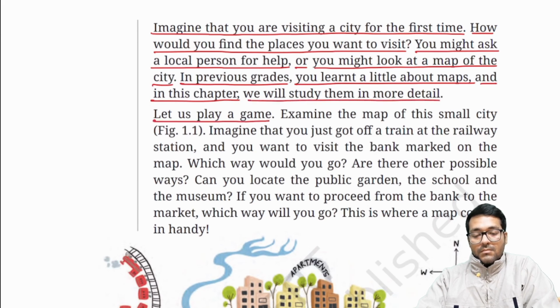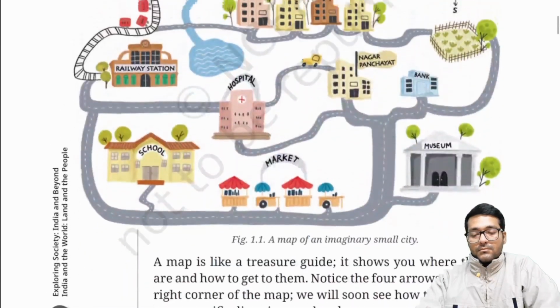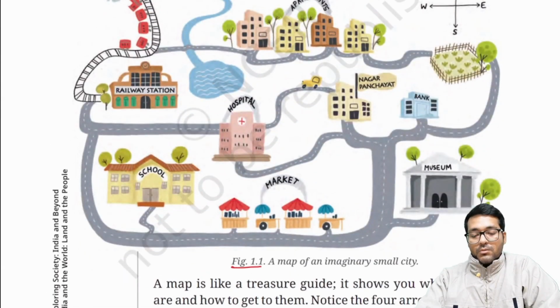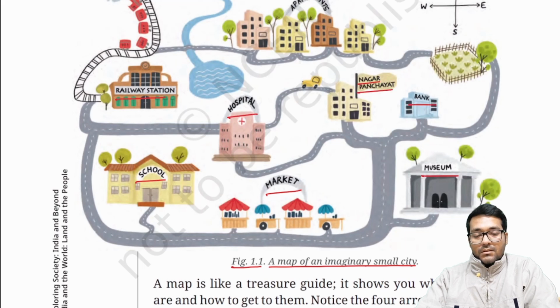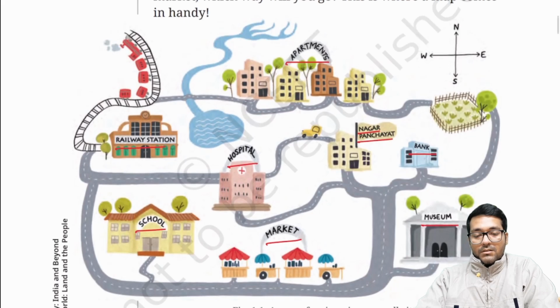Let us play a game. Examine the map of this small city, figure 1.1. A map of an imaginary small city. You can see school, railway station, hospital, market, museum, bank, Nagar Panchayat, apartment.